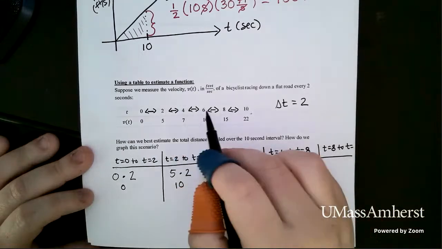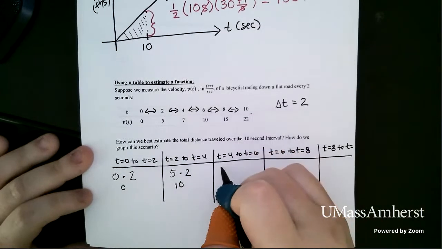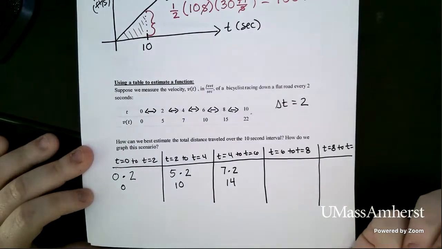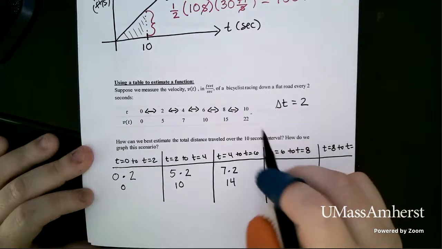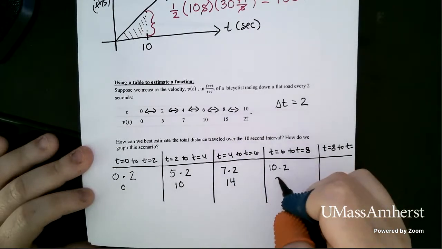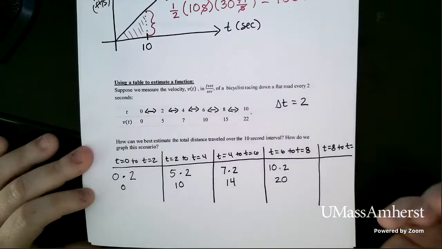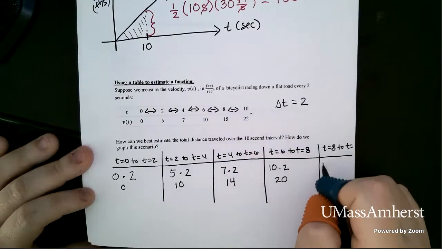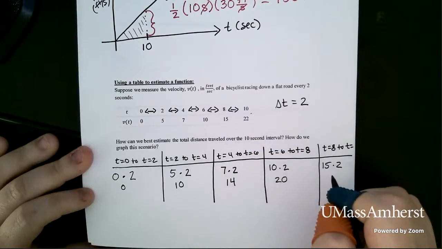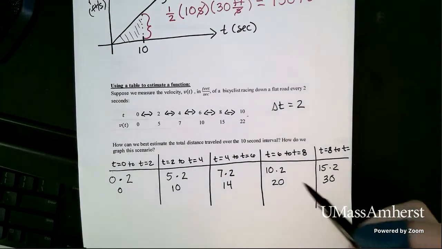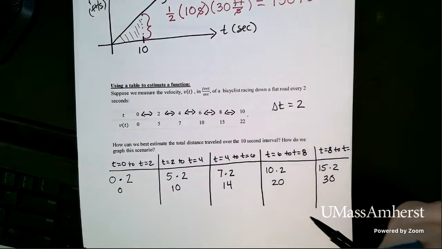Time 4 to time 6, I pick the rate on the left, which is 7 times 2, which is 14. Time 6 to time 8, I pick the rate on the left, which is 10. 10 times 2 is 20. And then finally, from time 8 to time 10, I pick the rate on the left, which is 15 times 2, which is 30. I need to add up all of these to represent each leg to figure out my total distance traveled.